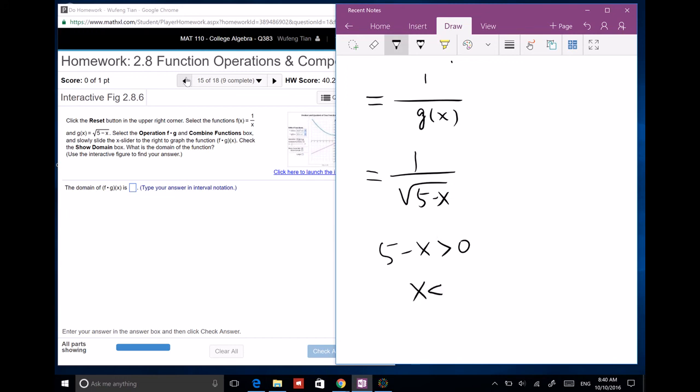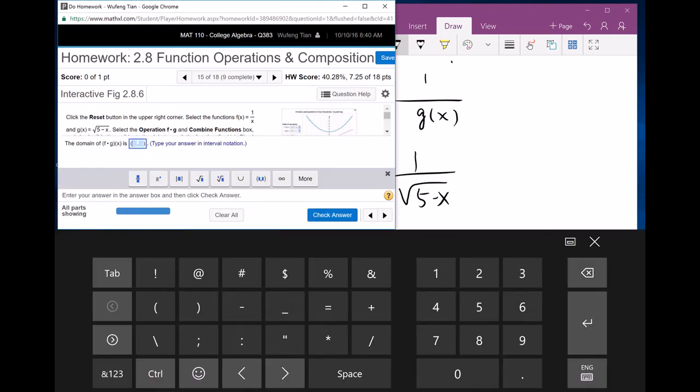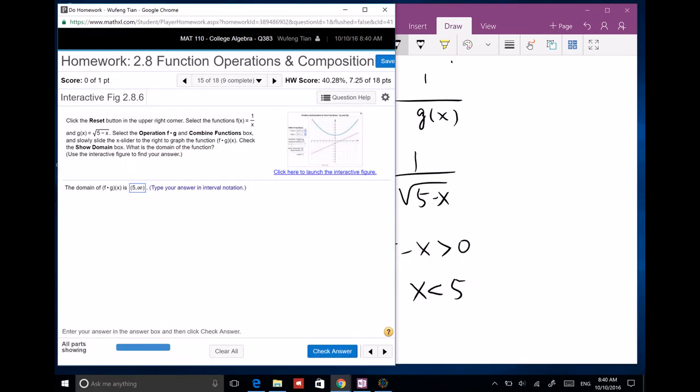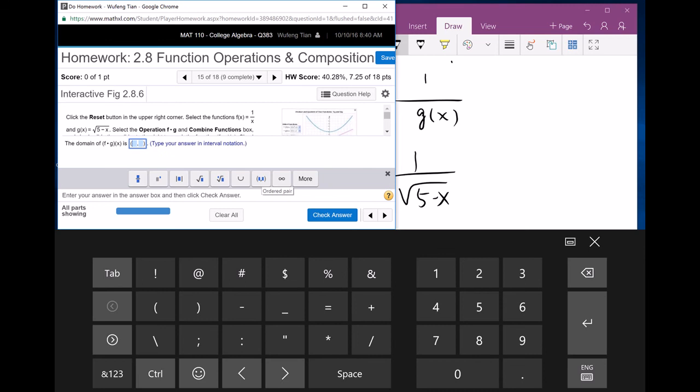So x has to be less than 5. So the answer is going to be 5 to infinity. No, oh my gosh, why did I do that? It's negative infinity, still negative infinity, because it's less than 5. Negative infinity to 5.